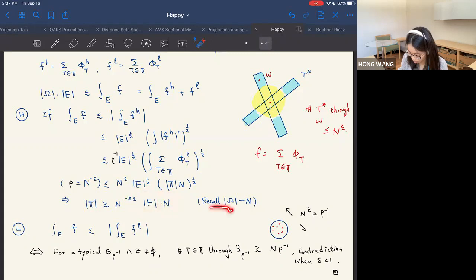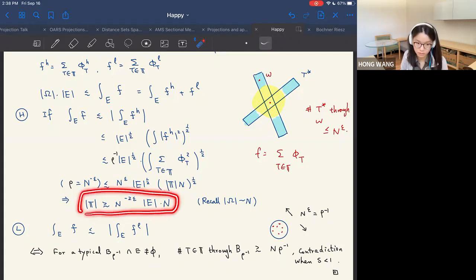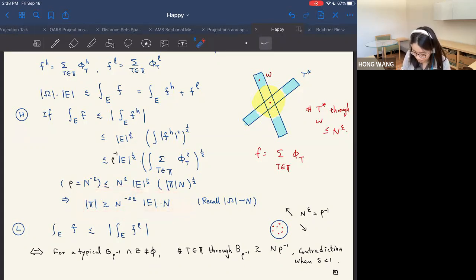Recall that the number of directions is about n. And so this is what we hoped to show at the beginning. So in the high frequency part dominant case, this is okay. We have proved what we want.